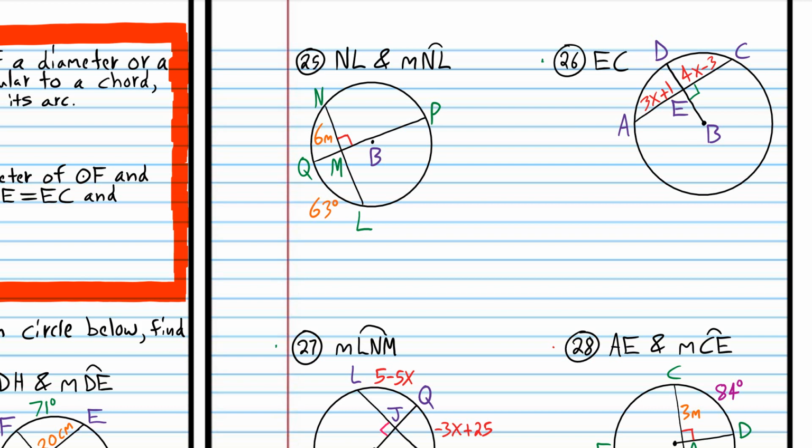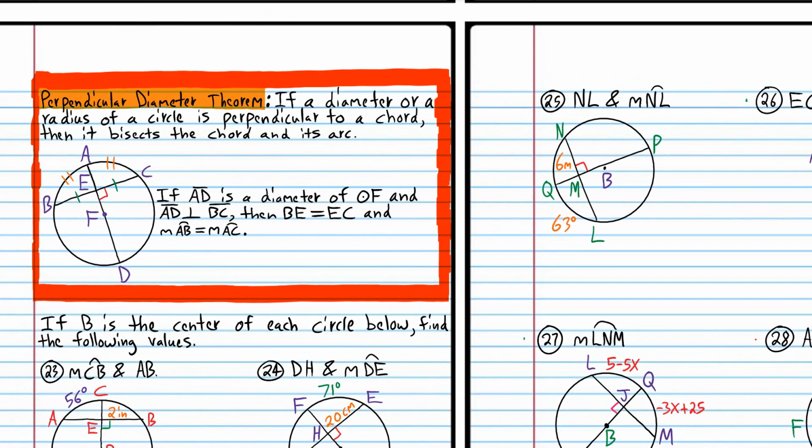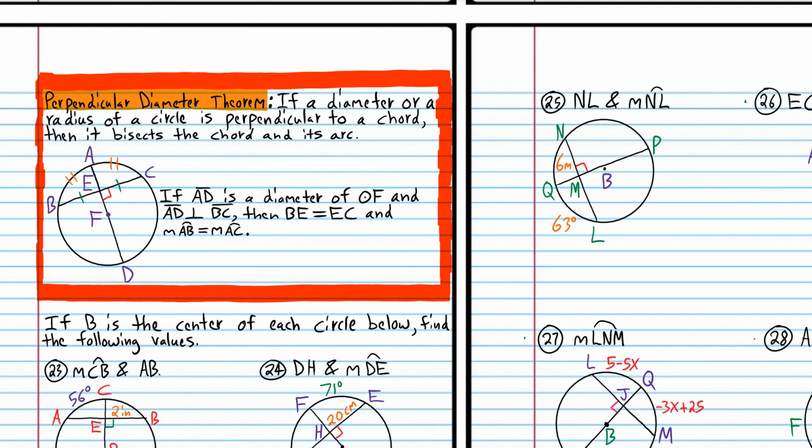So we know that QP is perpendicular to NL because we have that 90-degree angle there, that right angle. But the problem is QP does not go through the center. So we know that QP is not a diameter.